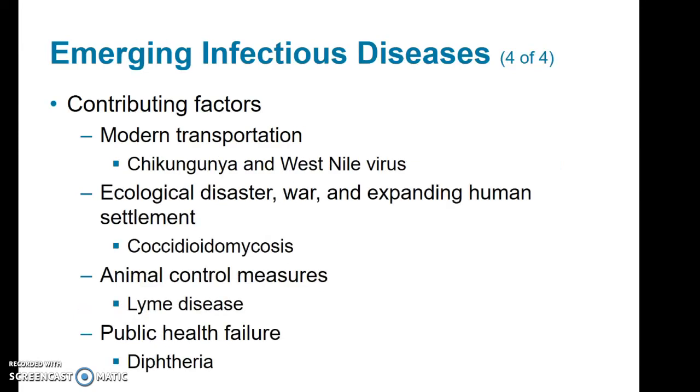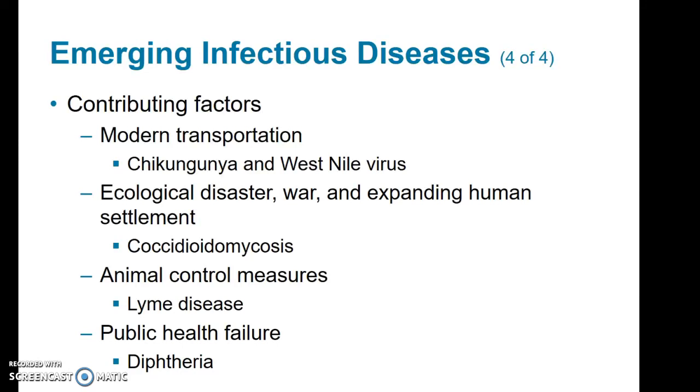So, other things that contribute to emerging infectious diseases are modern transportation, so travel, people traveling to places where we didn't used to travel that much. You have people going back and forth all over the world and moving these microbes around so that they become problems in other locations geographically where they weren't before.